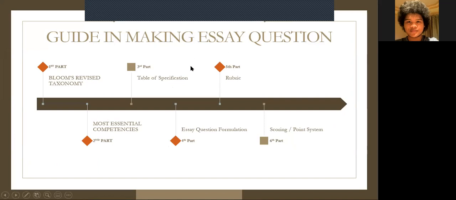Third is looking at the table of specification in which we would like to place our question, especially essay. Fourth is essay question formulation onto the level of thinking or cognitive level process. Then you have the rubric to measure, and we have the scoring or the point system.